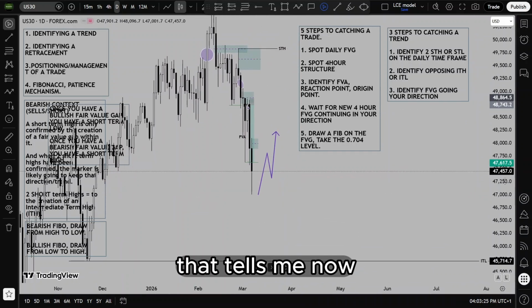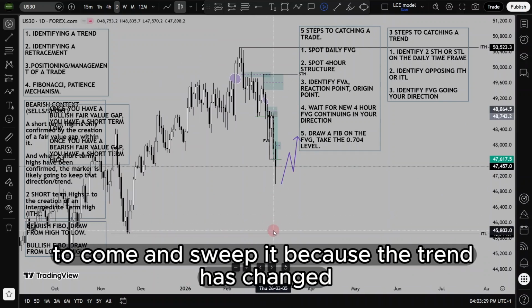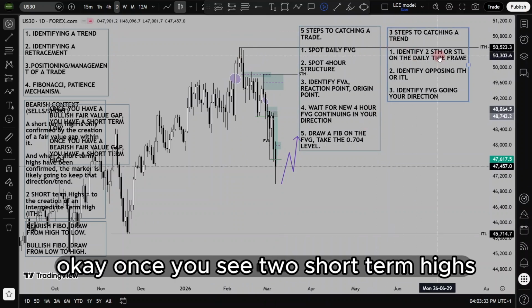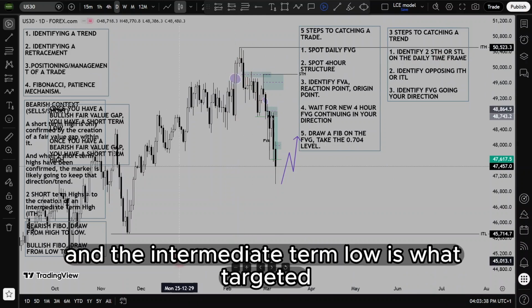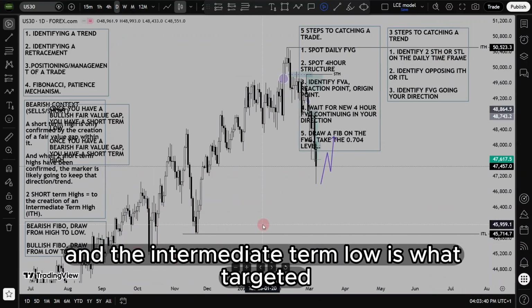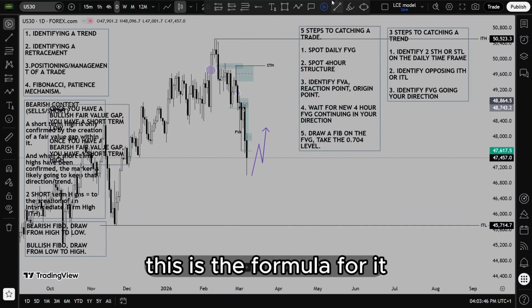That tells me price must be heading towards this low to sweep it, because the trend has changed. Once you see two short-term highs on the daily time frame being created, it means the trend has likely changed and the intermediate term low is targeted.